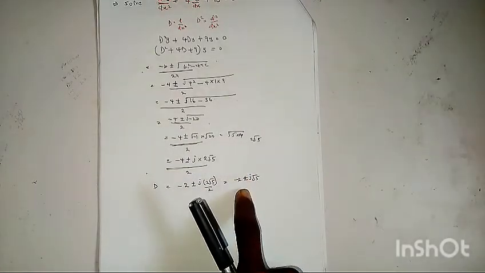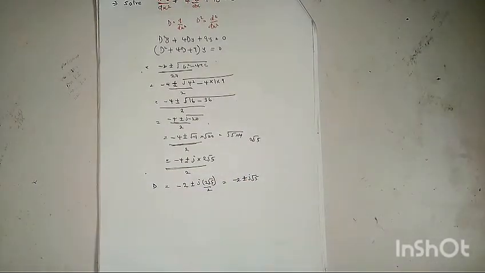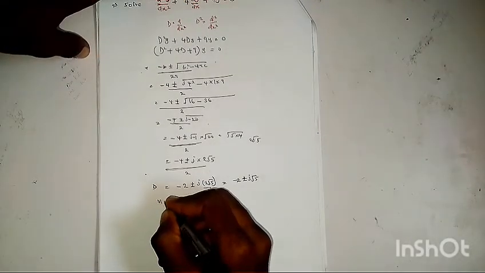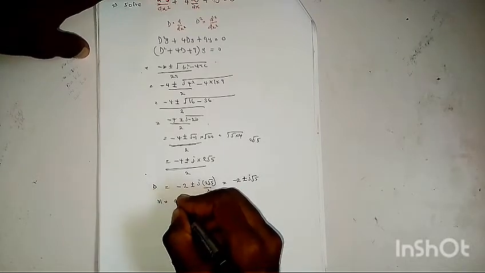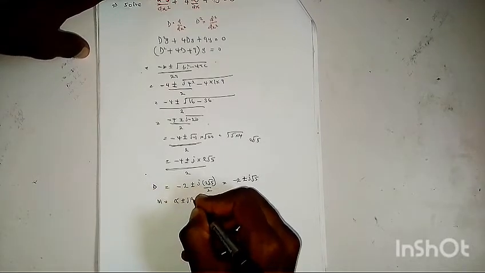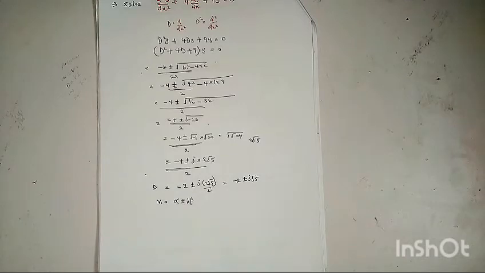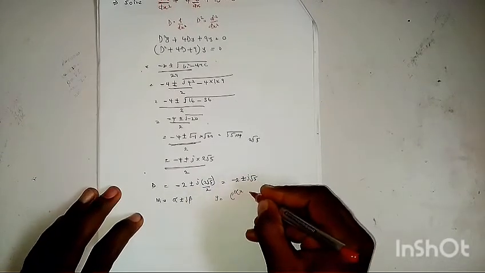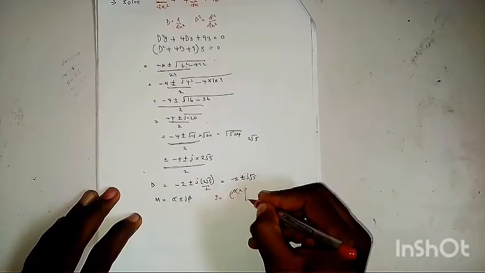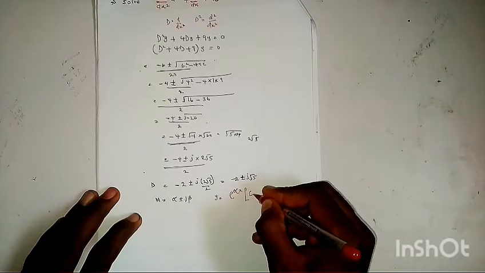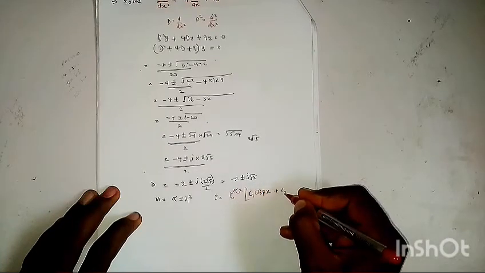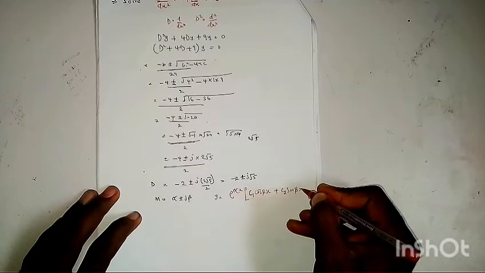Now in this case, like I gave you earlier on, if you are given a complex root, for example, let's take m is equal to alpha plus or minus j beta, the solution to that differential equation becomes y is equal to exponential alpha x, x being the independent variable, open bracket, c1 cos beta x plus c2 sine beta x.